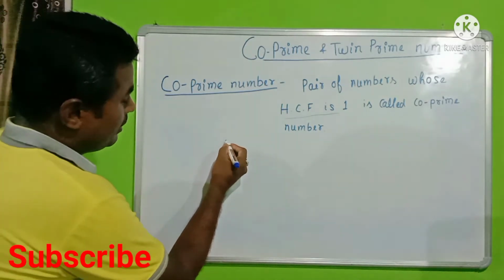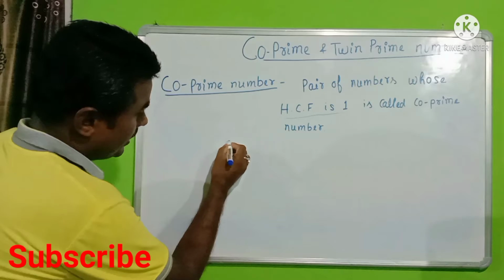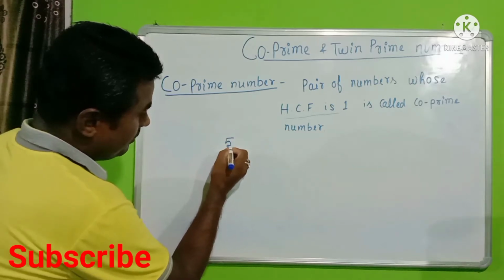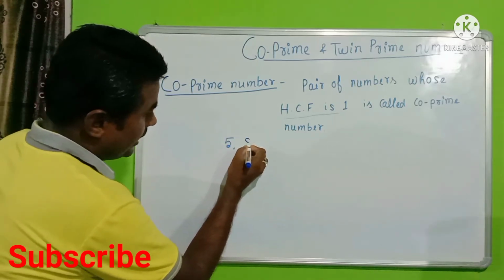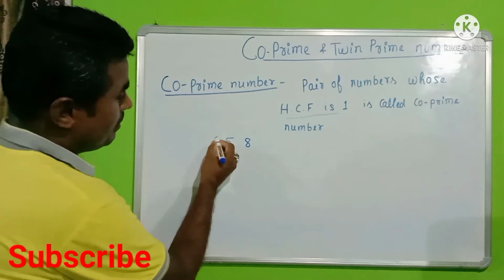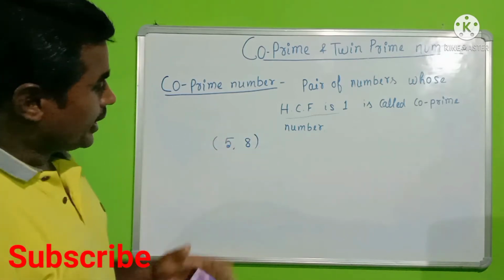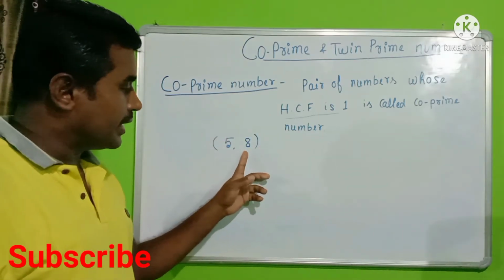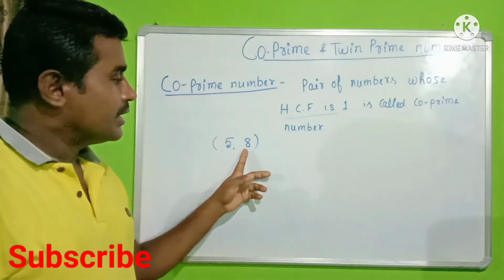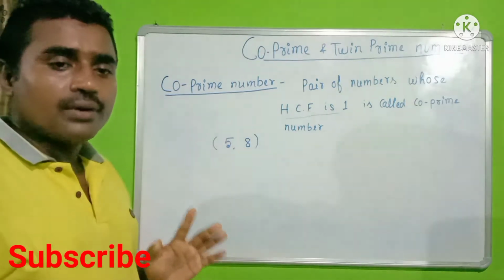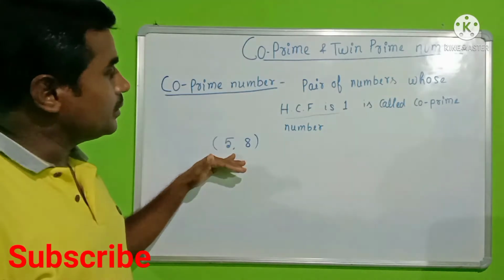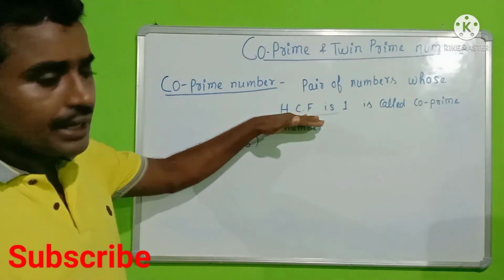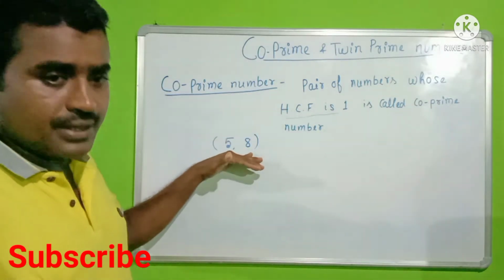Suppose our given pair of numbers is 5, 8. We have to check whether 5 and 8 are coprime or not. So first what we do? We need to find HCF of 5 and 8.